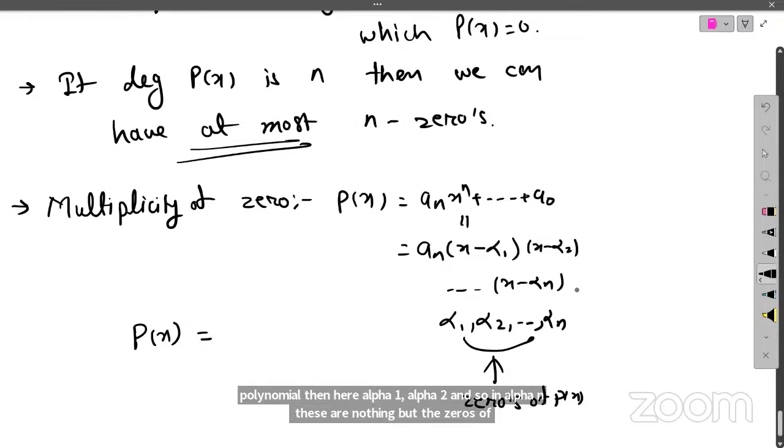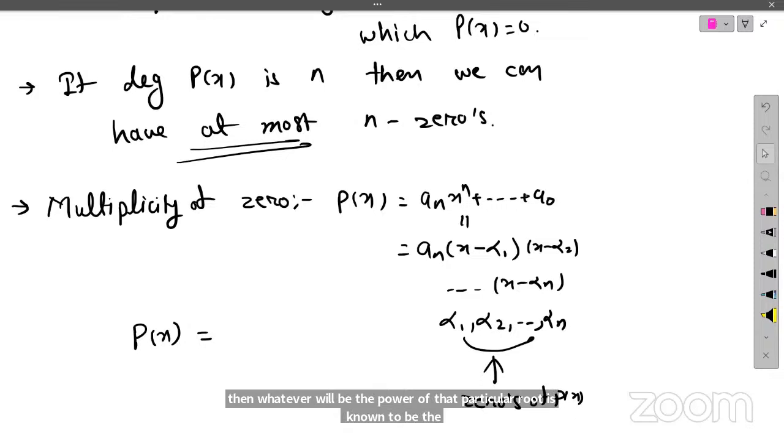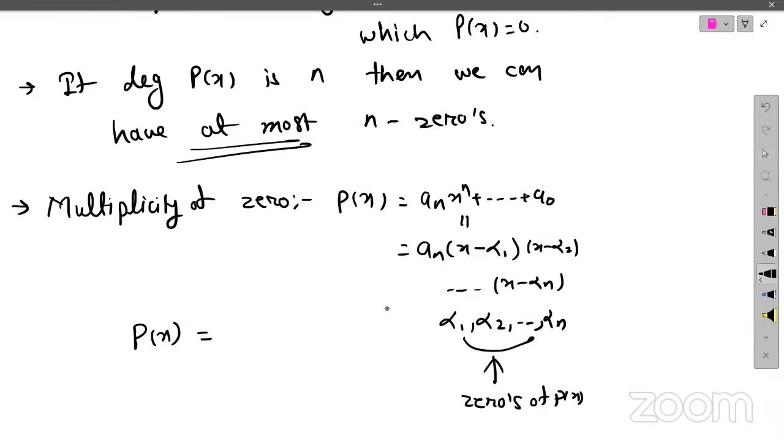So if you factor your polynomial, then the power of that particular factor is known to be the multiplicity of that particular root.